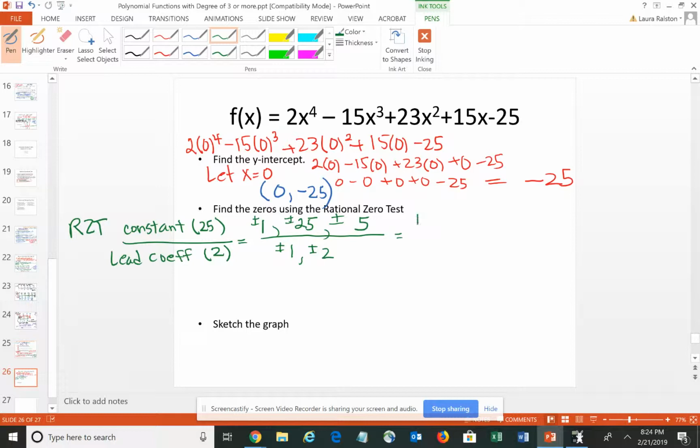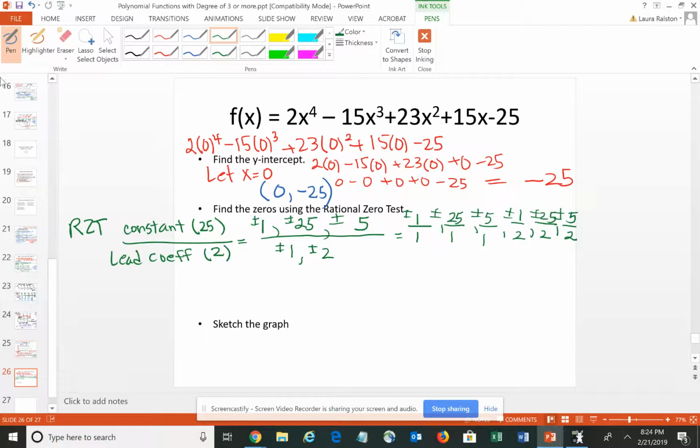So I could have 1 to 1, 25 to 1, 5 to 1, 1 to 2, 25 to 2, and 5 to 2. And again, we don't know if those are positive or negative, so you have to allow for both possibilities.